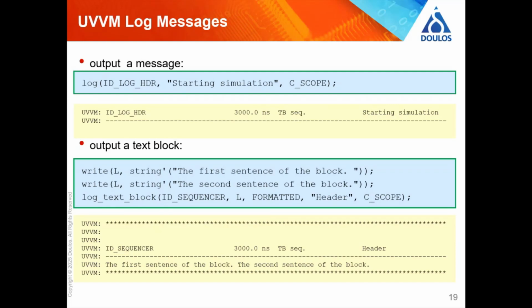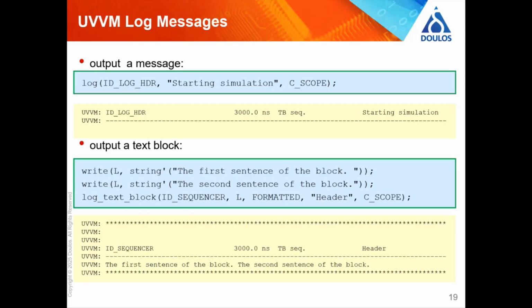Here are some examples of UVVM log messages. We've got the ability to write out quite a lot of different formats of message in UVVM. For example, a header, which gives us this nice little format with UVVM at the beginning and then a kind of simulated line across the page, and it says what we're doing and so on. UVVM has different IDs for messages to tell you what kind of message it is, and I'll give you a list of those a bit later on.